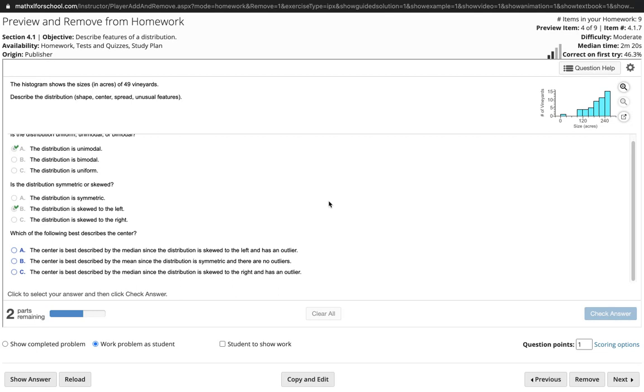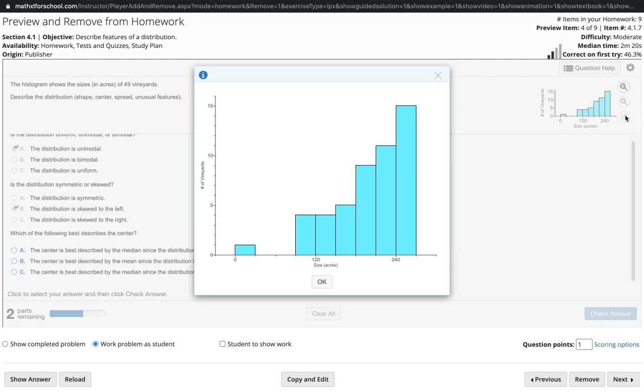Which of the following best describes the center? Okay, so in our notes on chapter 4, we talked about the two main measurements of center: the mean and the median. Now the question is, which one is most accurate? In the notes, we talk about that if the data is symmetrical, then the mean is most accurate.